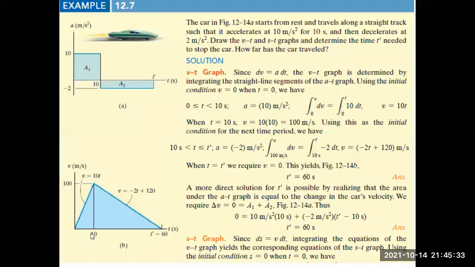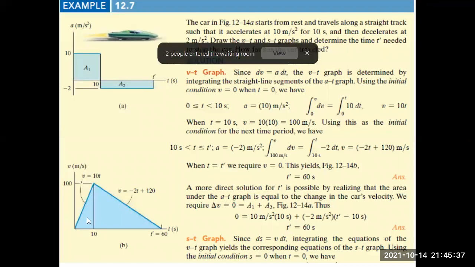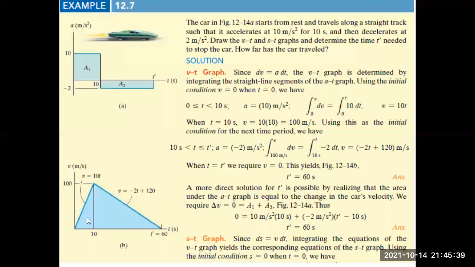You have 100 over 10, which means 10 over 1. This would be the slope. Sometimes I may ask for the angle, so you can get the slope. If you can get the slope, you can get the angle. The angle would be equal to tan inverse of the slope.